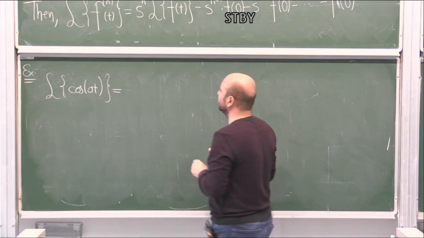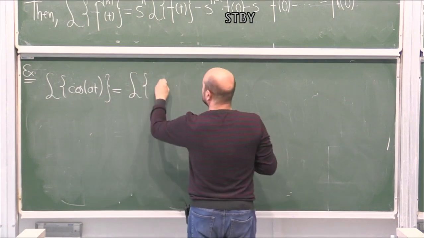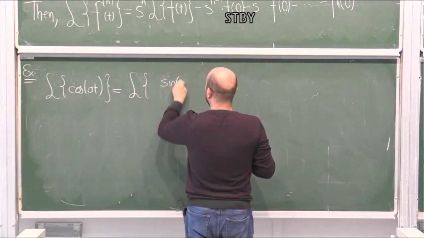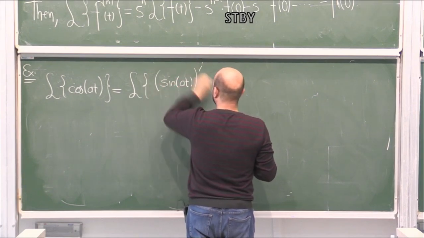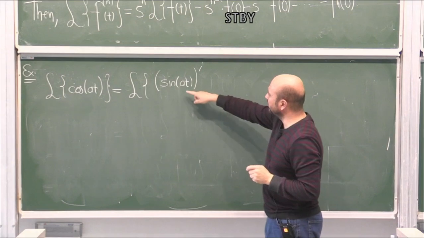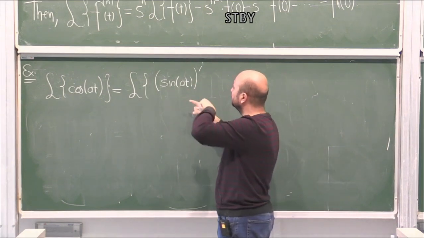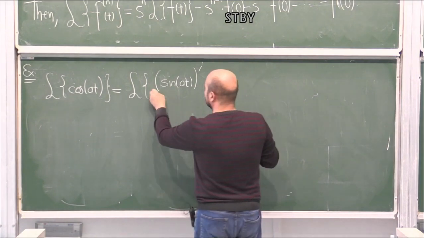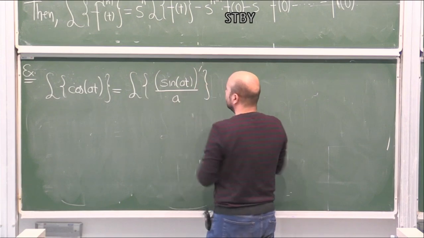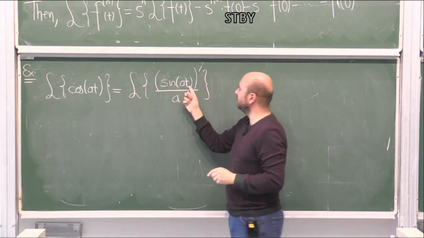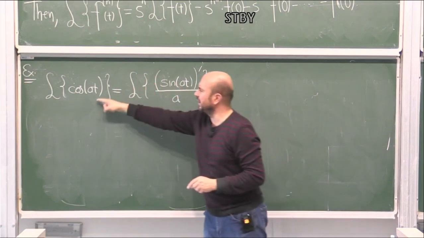So I can write this thing in the following way: sine at's derivative. But if I take the derivative of sine at, then I get a times cosine at. So if I divide by a, now both sides are equal. The derivative of sine at is cosine at times a. This a now cancels. I get the same thing.